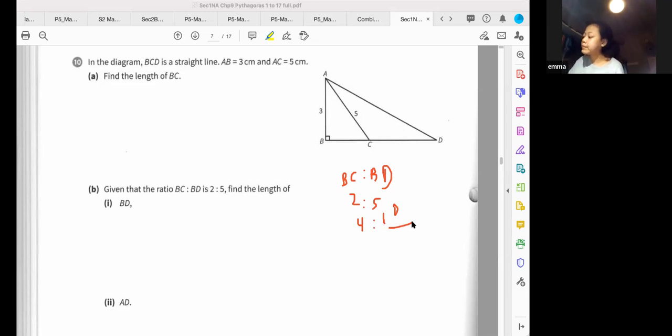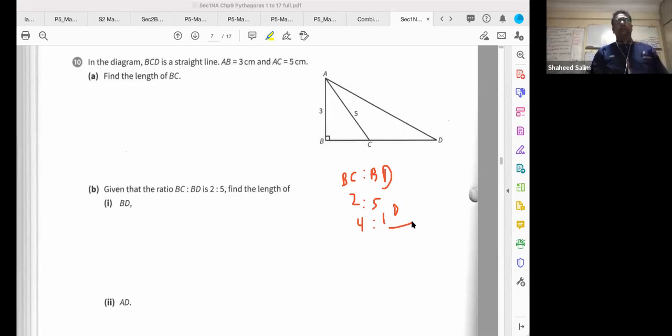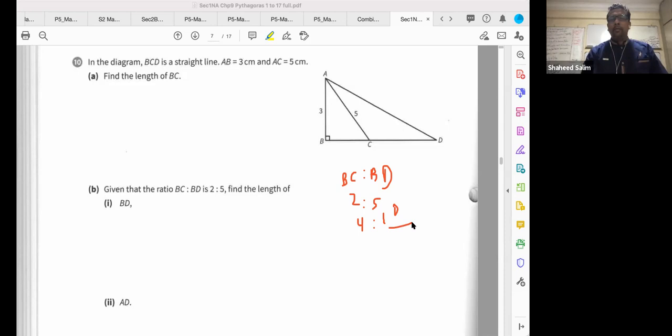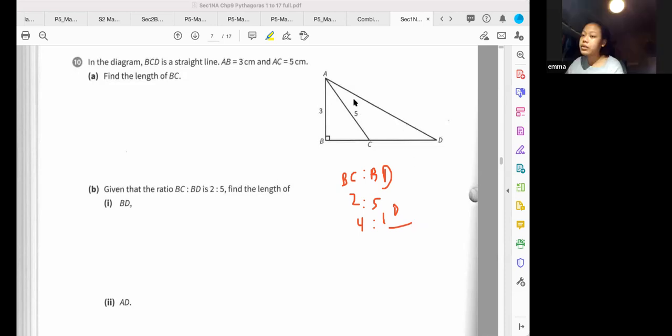AD. You have a decimal. 14.32. Okay, what was the formula? You took 5, is it? Do you use 5? No. What do you use? 3 square plus 14 square? Where do you get 14?